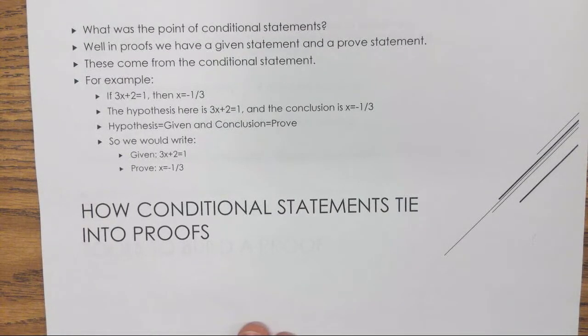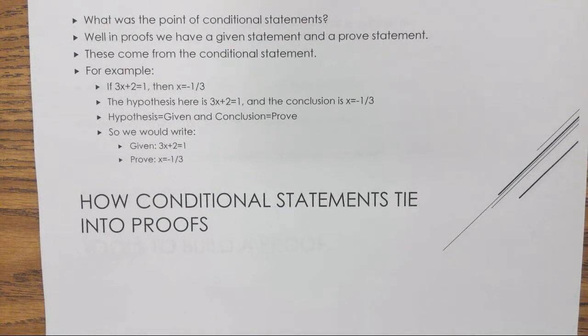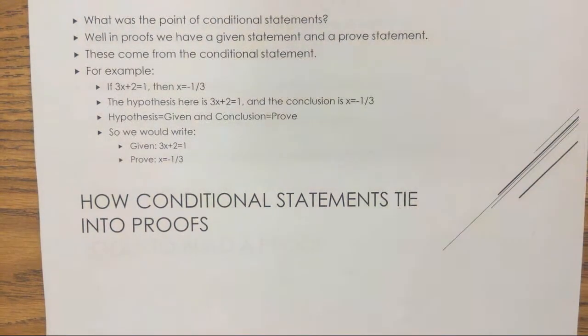That being said, some of you have been asking me, why are we doing these conditional statements? This is so easy. And the lights just went out again on me. There we go. So what was the point of doing these conditional statements and stating the hypothesis and conclusion? That is so easy, Mr. Wicklehouse.